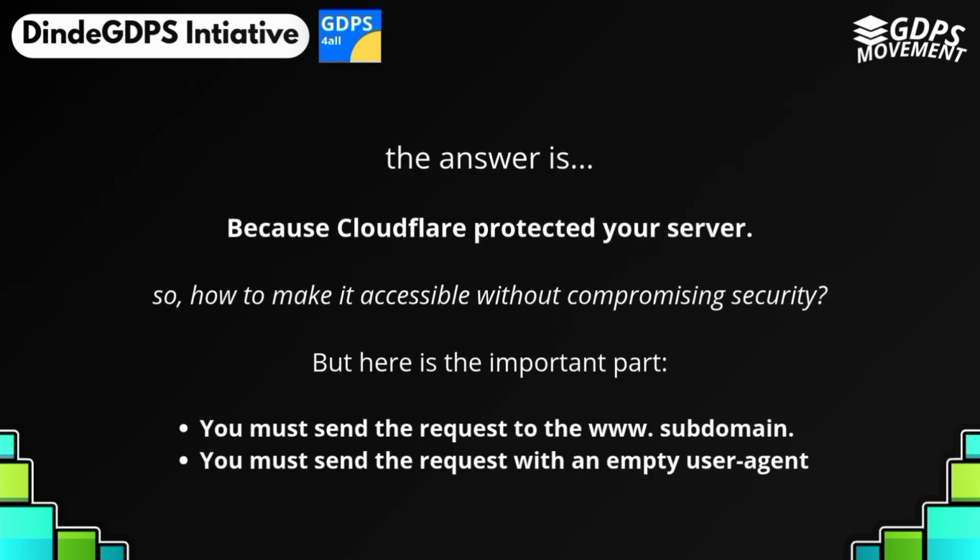Because Cloudflare protects your server, and now to access your GDPS data, you just need to send the request using the www subdomain, or send the request with an empty user agent.